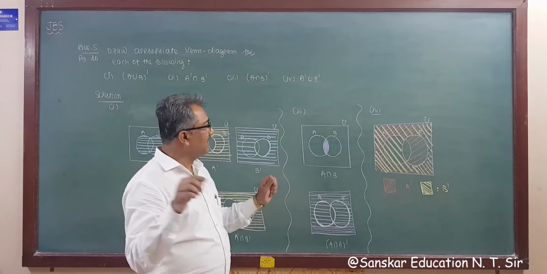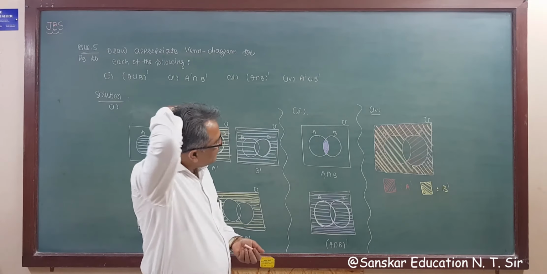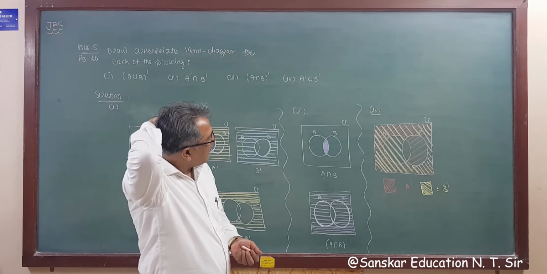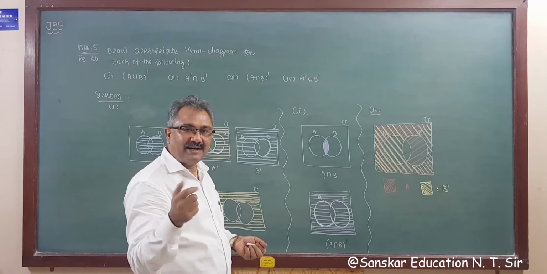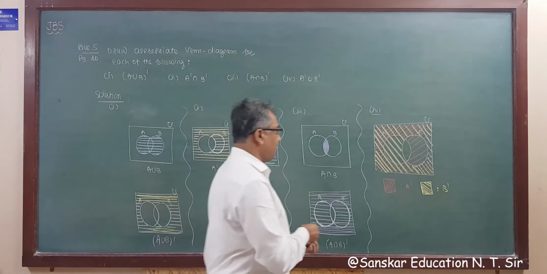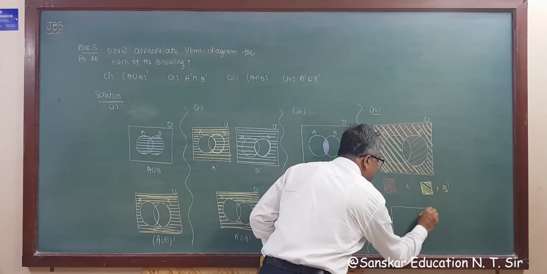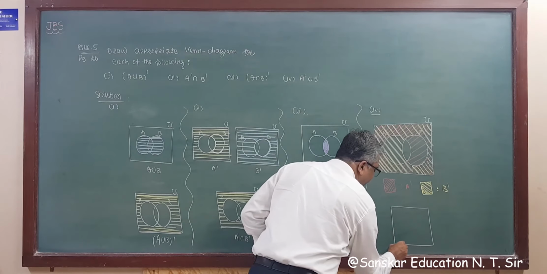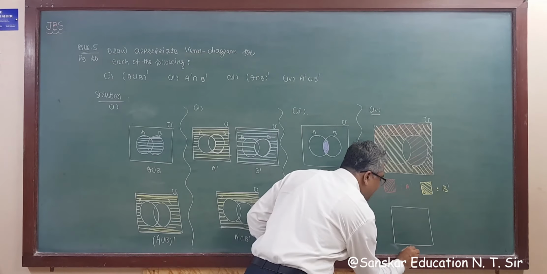Now we have to take A dash union B dash. A dash union B dash means all the parts enclosed by the red and yellow lines. So our answer will be this. I am leaving space for writing the answer. This is A dash union B dash.